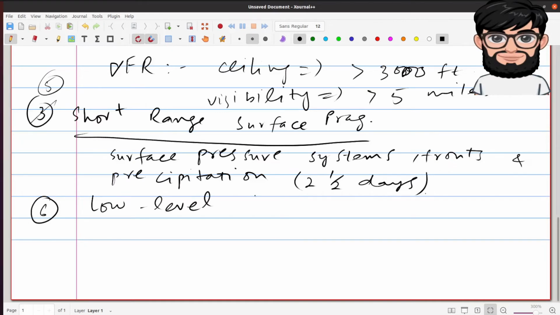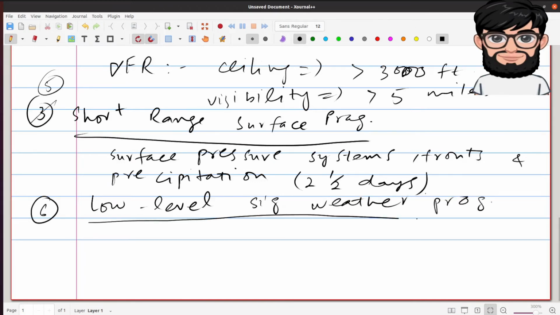This chart, also known as SIGWX, provides a forecast of aviation weather hazards primarily intended to be used as guidance products for pre-flight briefings.